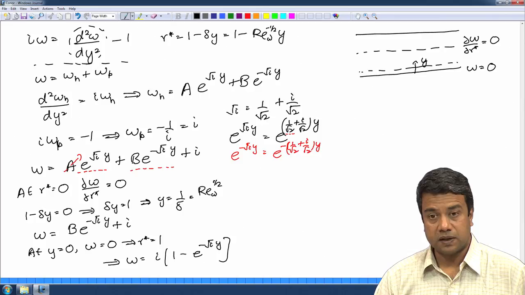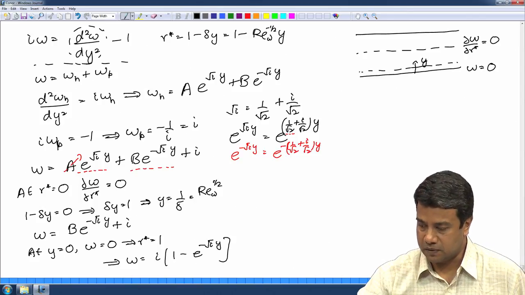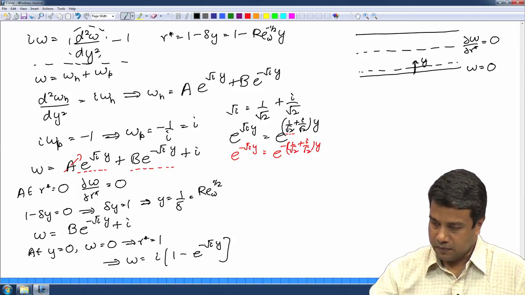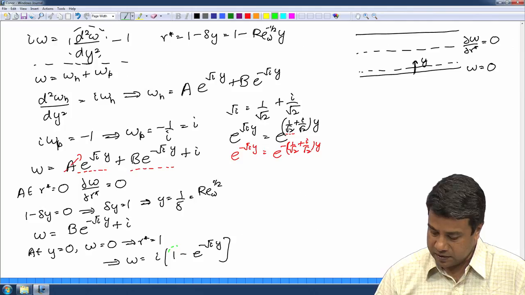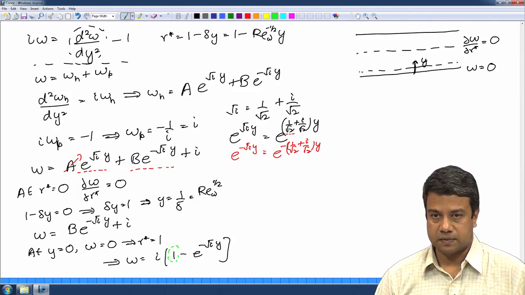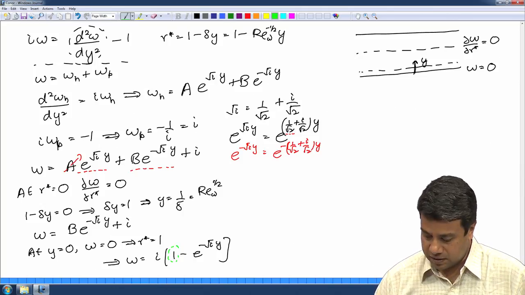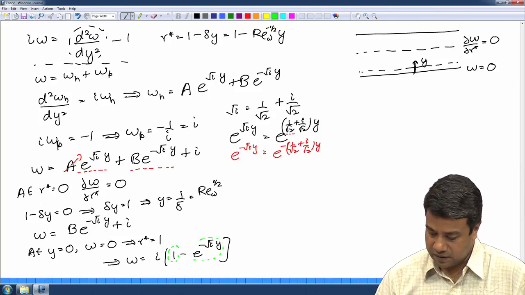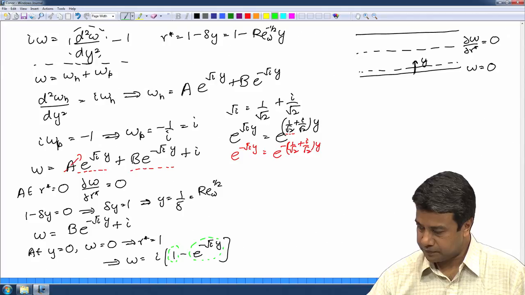Note that we recover, in the limit as y going to infinity, as in the bulk of the flow, when you go outside of this boundary layer, the solution that we had originally got when we neglected the viscous terms. We get this additional correction only very close to the surface.